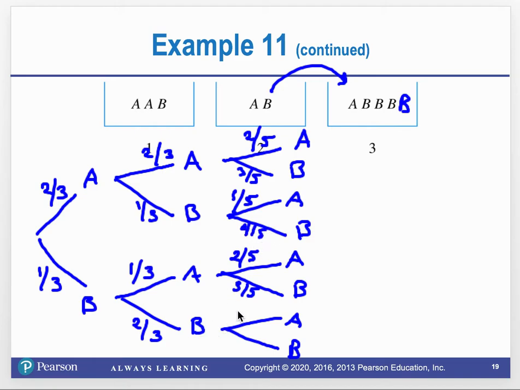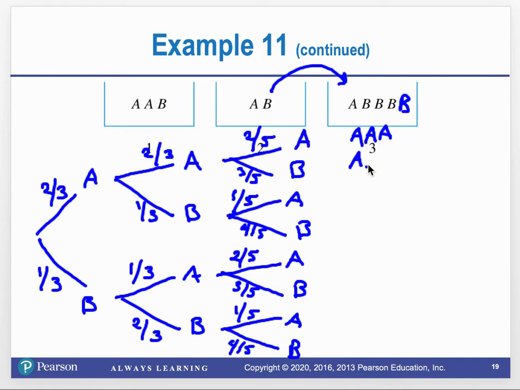Same thing down here. 1 out of 5 chance of getting an A, 4 out of 5 chance of getting a B. Now, notice all my possible outcomes are A, A, A. I'm just following each path.